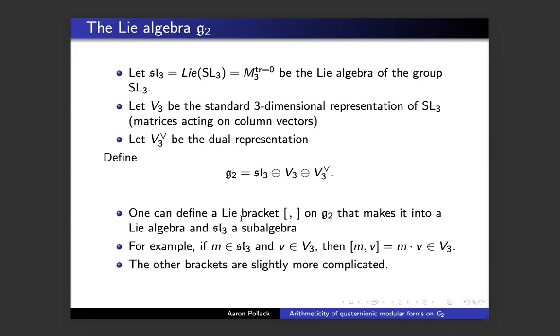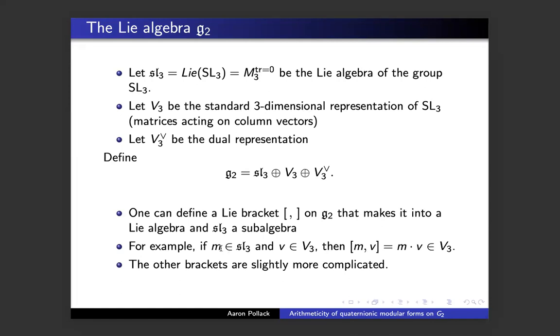So you can define a Lie bracket on this vector space that turns g2 into a Lie algebra in such a way that sl3 is a subalgebra. I know how to define a bracket from sl3: it's just xy minus yx, if x and y are 3x3 matrices with trace 0. And you can extend that bracket to this vector space g2.